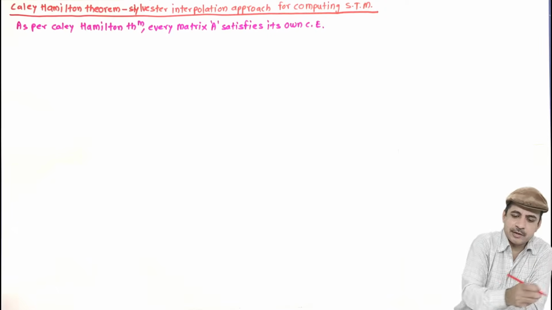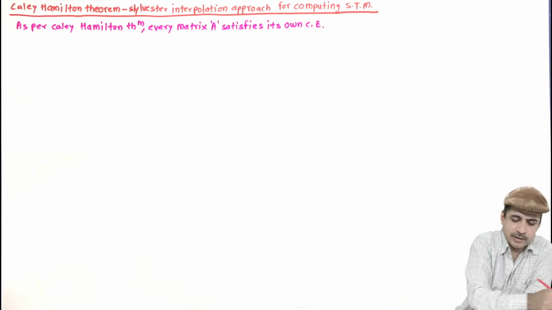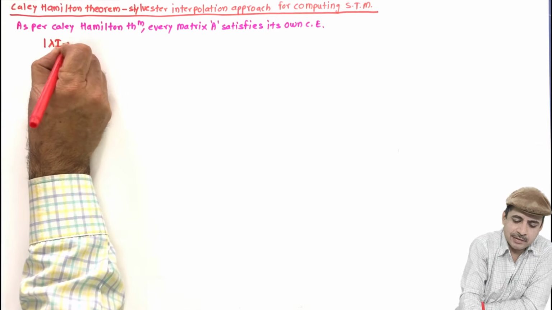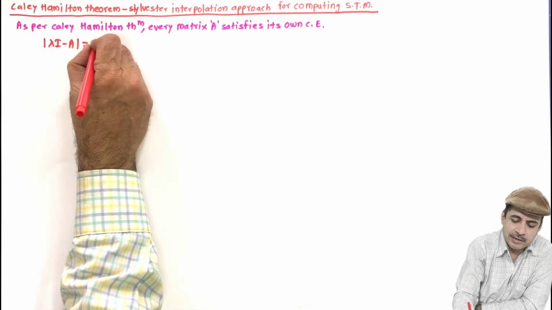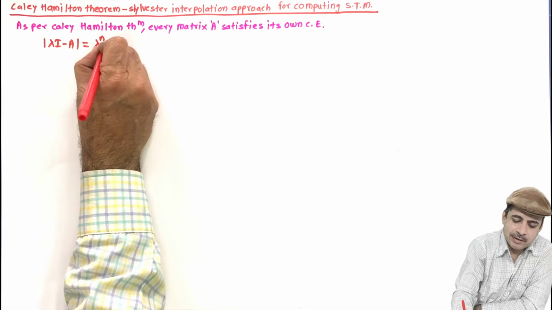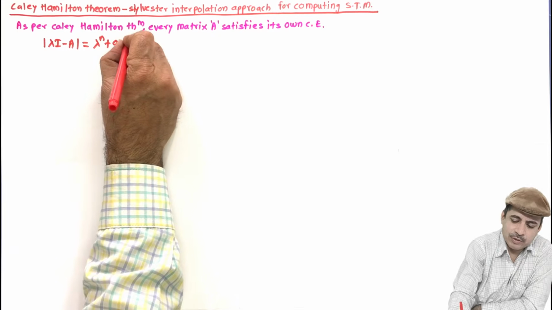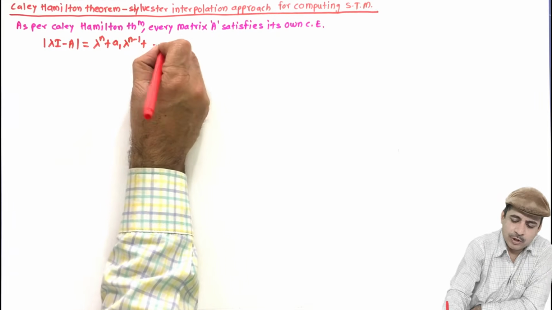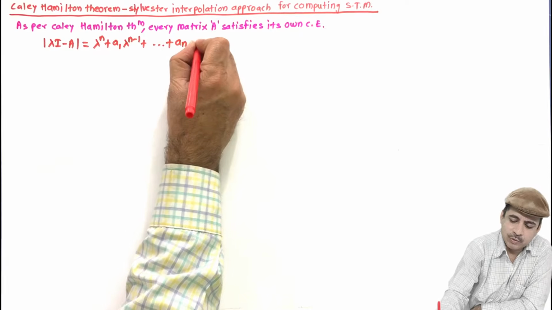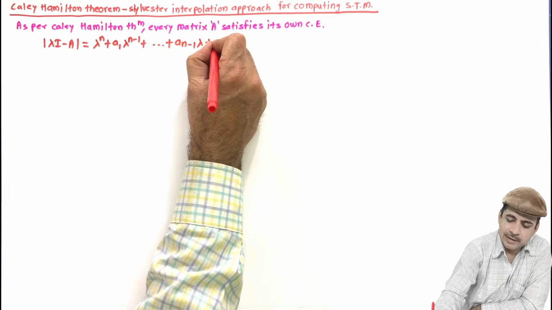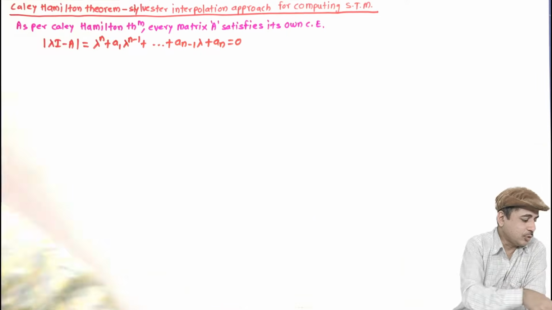And what is that characteristic equation? That characteristic equation is given by determinant of lambda I minus A. If we expand this, it is lambda raised to n plus a1 lambda raised to n minus 1, so on up to a n minus 1 lambda plus a n equal to 0.